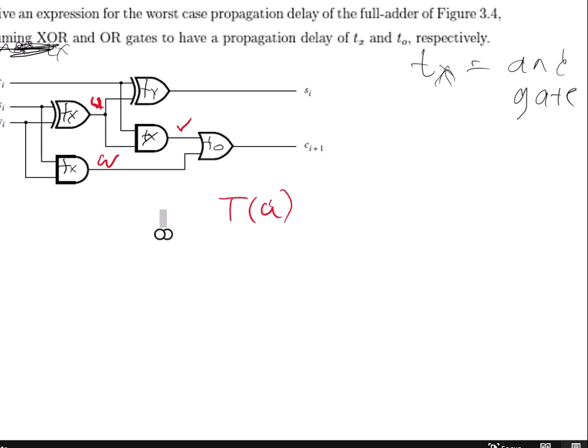So the time at U is just Tx. Similarly, the time at W is, oh no, he does change it here to A. He just writes the X somewhere different. So we'll call the AND gates TA. Okay, so the time at W is TA.